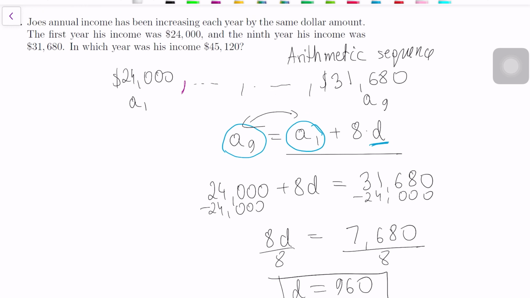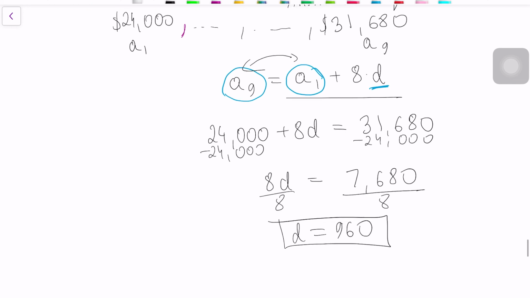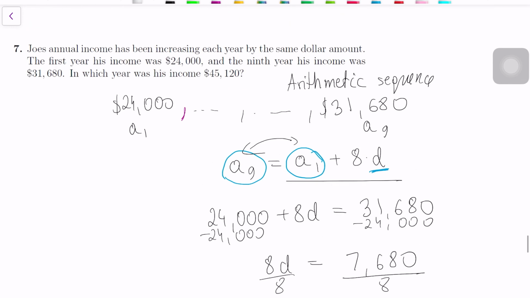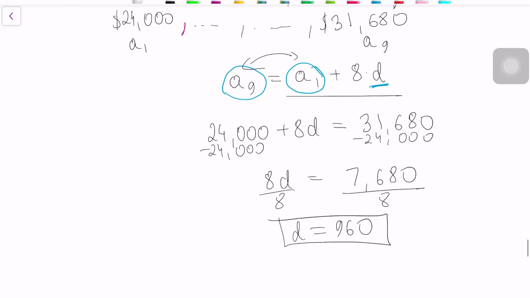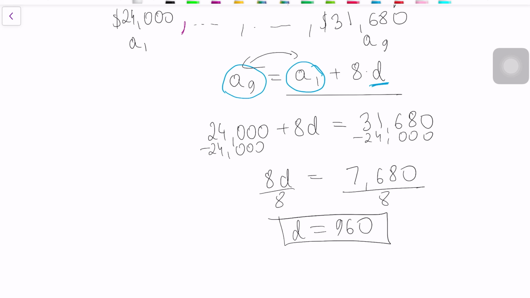So in which year will his income be 45,120? Now we can come up with the general formula. An in general is A1, which I always knew to be 24,000, plus n minus 1 times the difference.